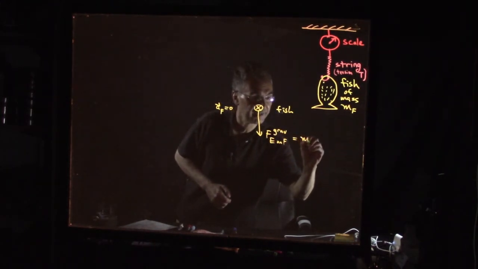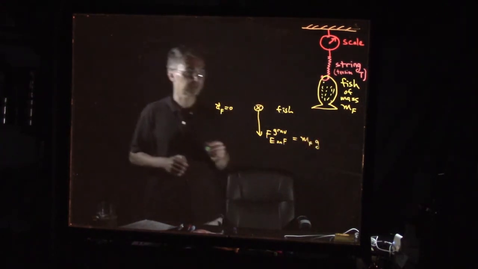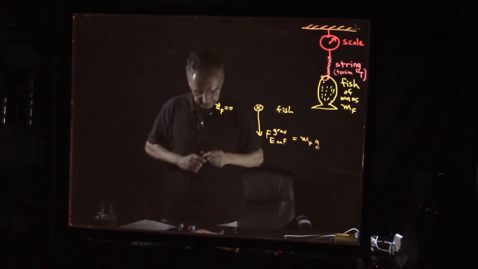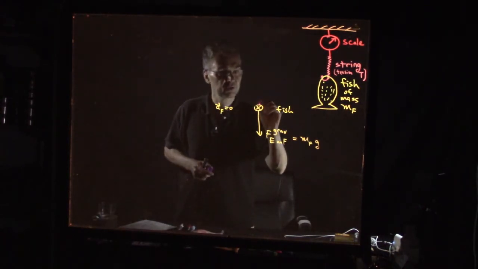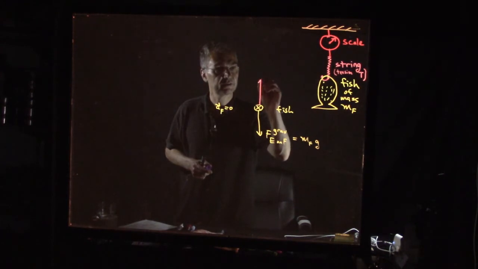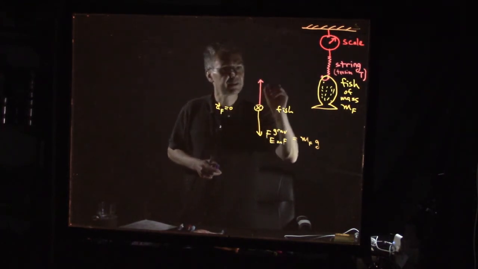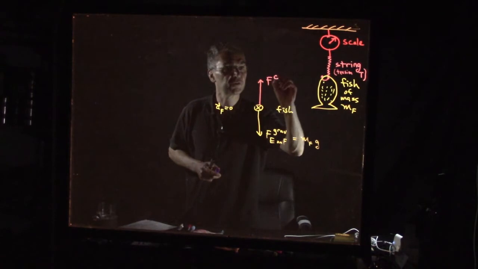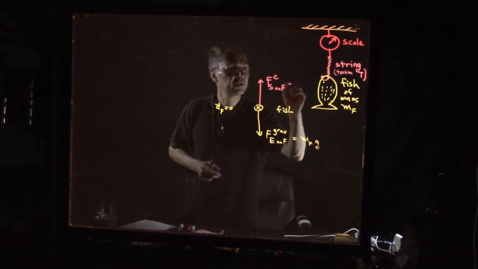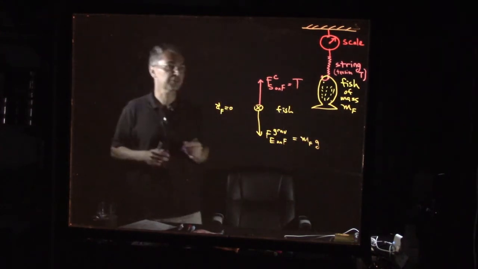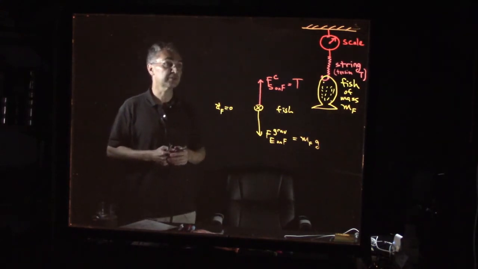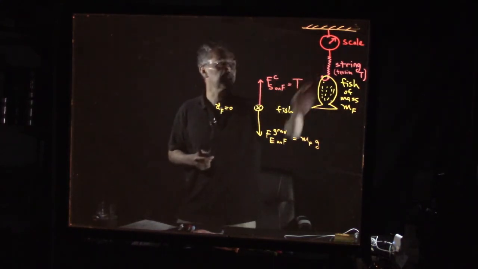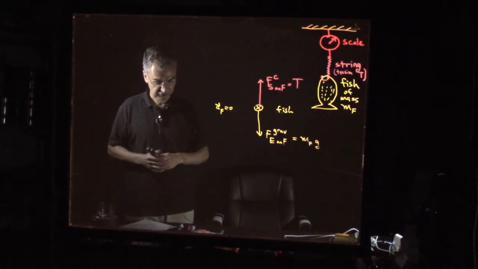That's just the mass of the fish times little g. And then there's the tension in the string. This is the contact force by the string on the fish, which is just the tension in the string. If the acceleration is 0, these two forces must be equal in magnitude. And then the scale just reads the weight of the fish.